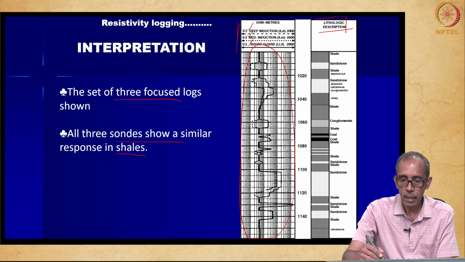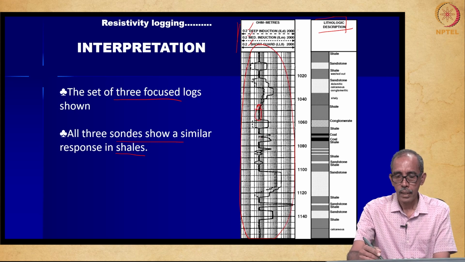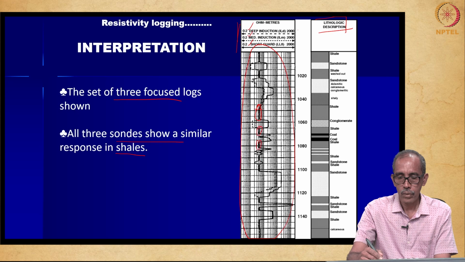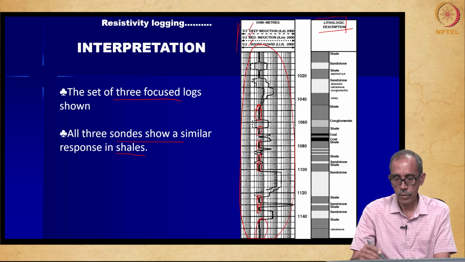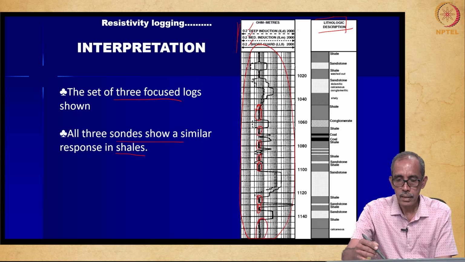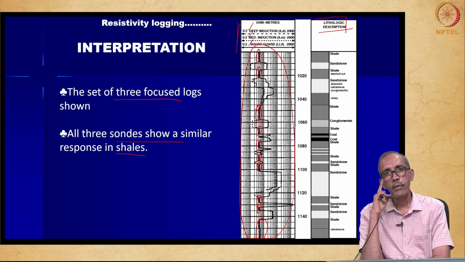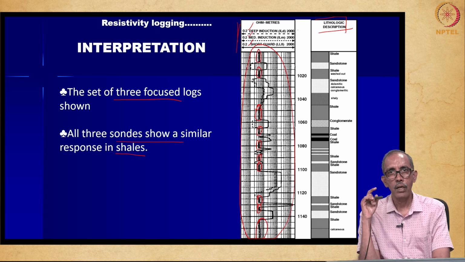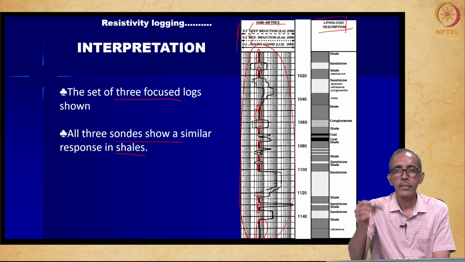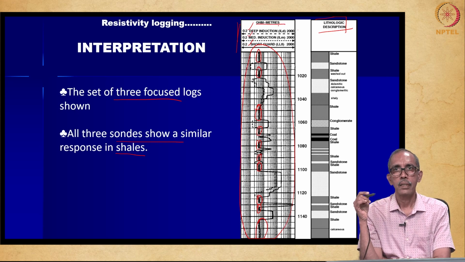Wherever all the three are together in this zone, here too, here too, here, right, and here too. Where else? Here. Wherever all the induction logs gave us the same resistivity given in ohm meters, right?